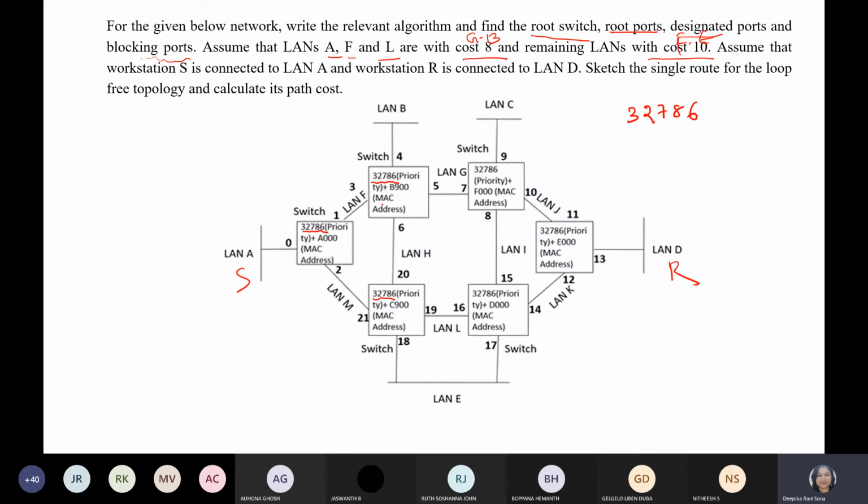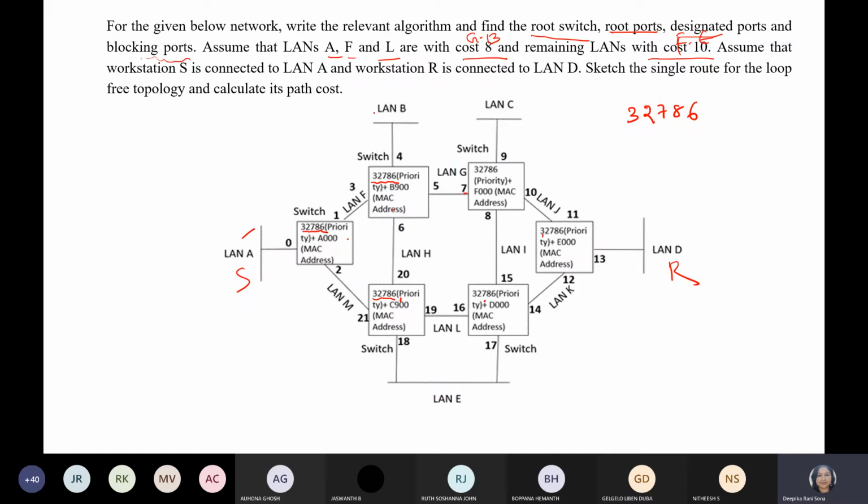32786 are assigned for all the bridges. How many bridges are there? 1, 2, 3, 4, 5, 6. 6 bridges. How many LANs are there? Who will say how many LANs are there?